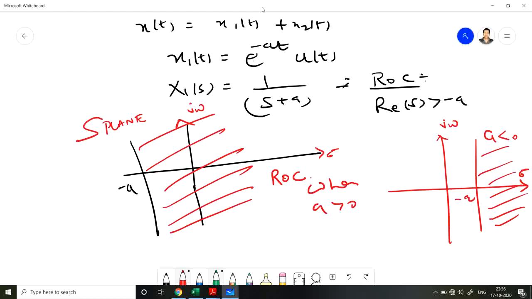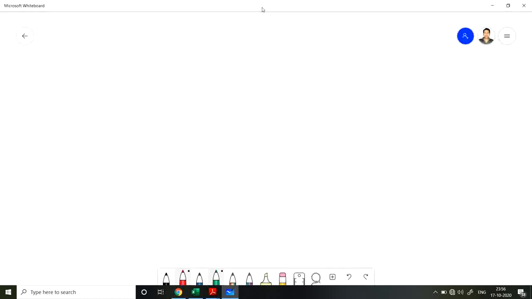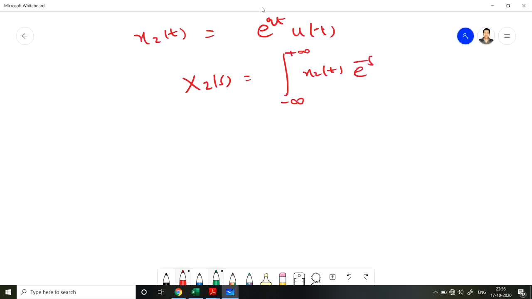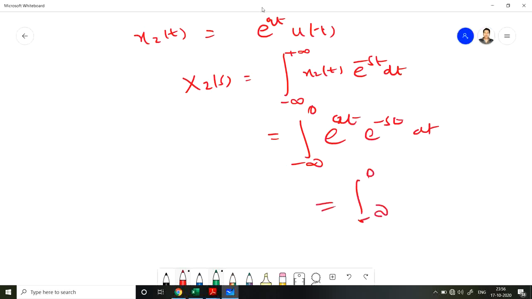Now let us plot x2(t). x2(t) is e raised to the power at into u(minus t), and the Laplace transform X2(s) is the integral from minus infinity to plus infinity of x2(t) e raised to the power minus st dt, which equals the integral from minus infinity to 0 of e raised to the power at e raised to the power minus st dt, that is the integral from minus infinity to 0 of e raised to the power (a minus s)t dt.